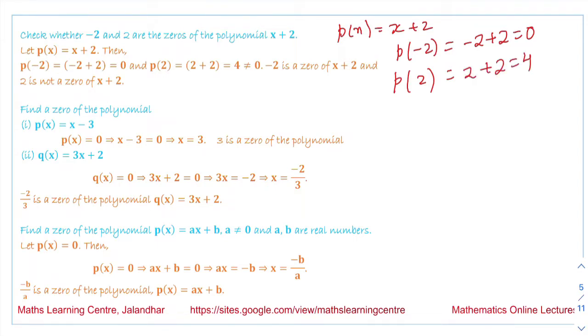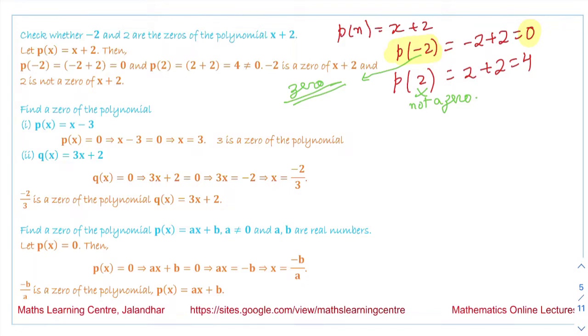So the value of polynomial is 0 when we put x is equal to minus 2. So minus 2 is a zero of this polynomial, whereas 2 is not a zero of this polynomial.